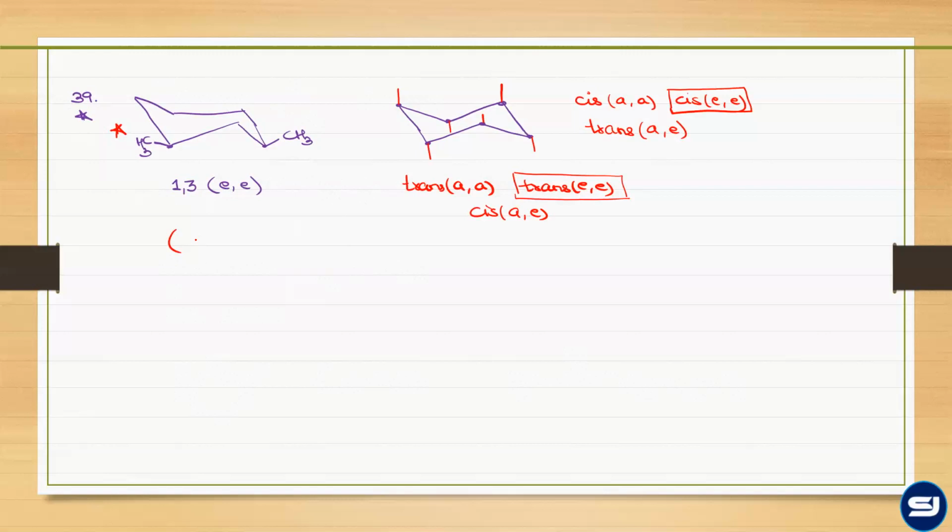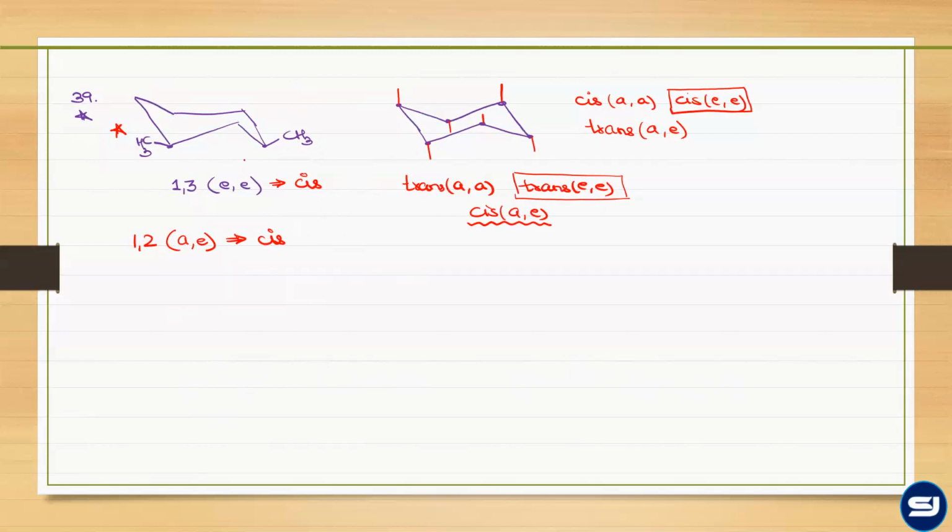One is up and one is equatorial. So AE, right? Are you all getting it? Yes, sir. So now if it is AE and it is 1,2, is this a cis isomer? Yes. Simple, right?